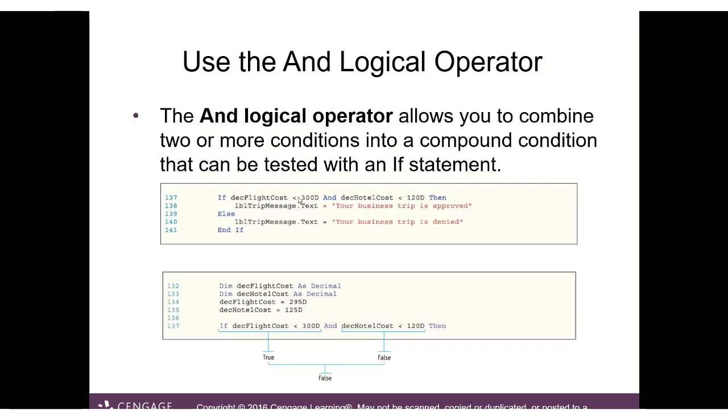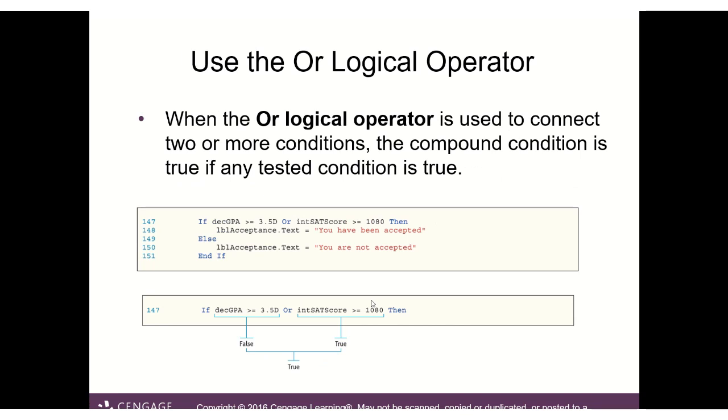So you can see here examples of the and logical operator. In the below box, you can see line number 137, you see is less than 300D. So this is true, but you can see less than 120D, this is false. So basically the entire if block, that control structure at line number 137, will return a false result.